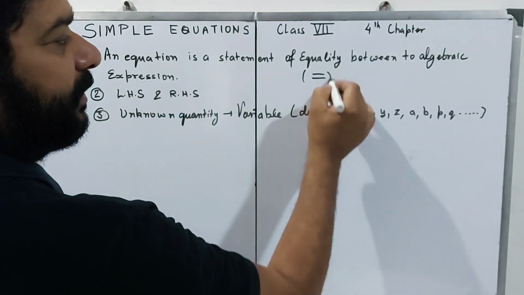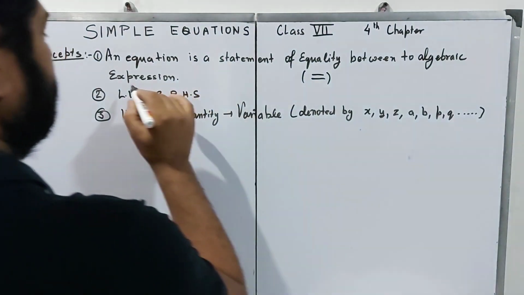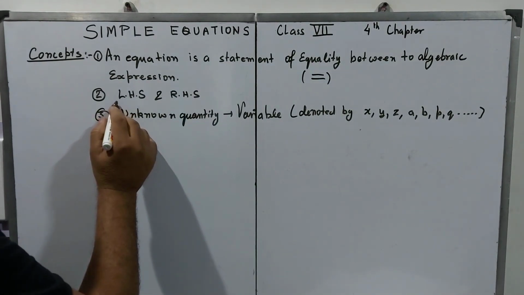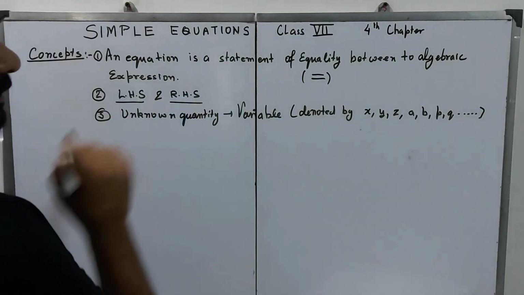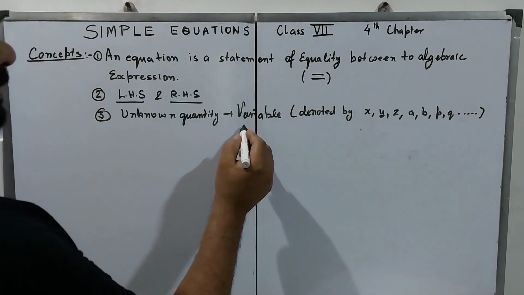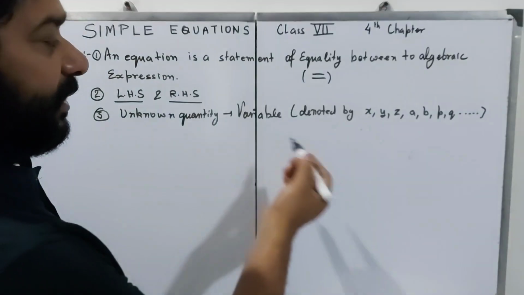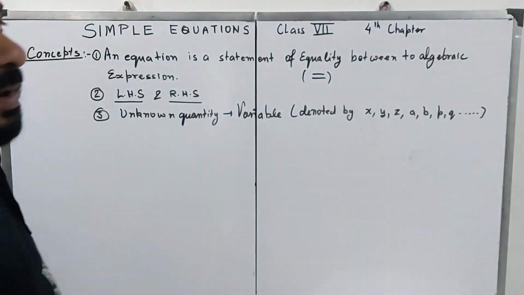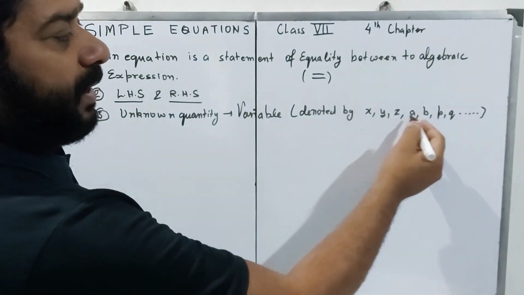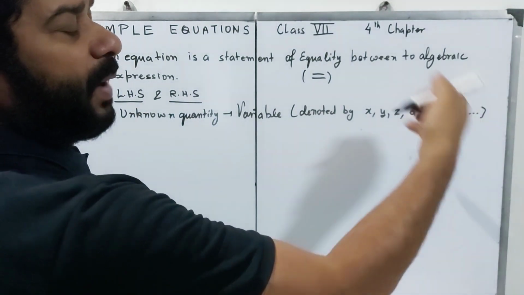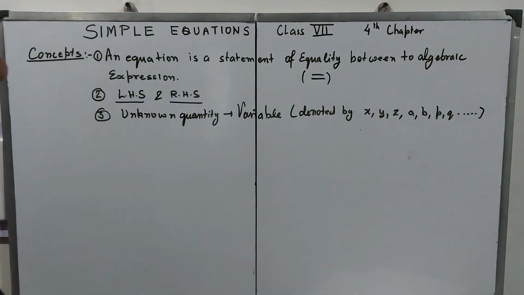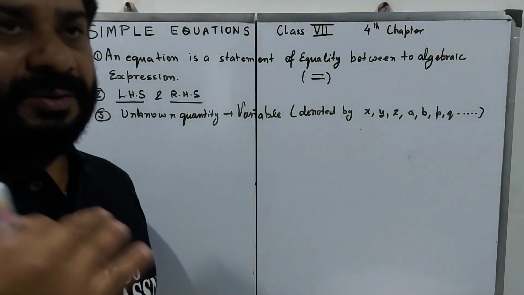Equality means equal between two algebraic expressions. Second, what are LHS and RHS. Third, an unknown quantity will be considered as a variable, and these variables are denoted by x, y, z, a, b, p, q, etc. Any alphabet in small letter you can consider as an unknown or variable.